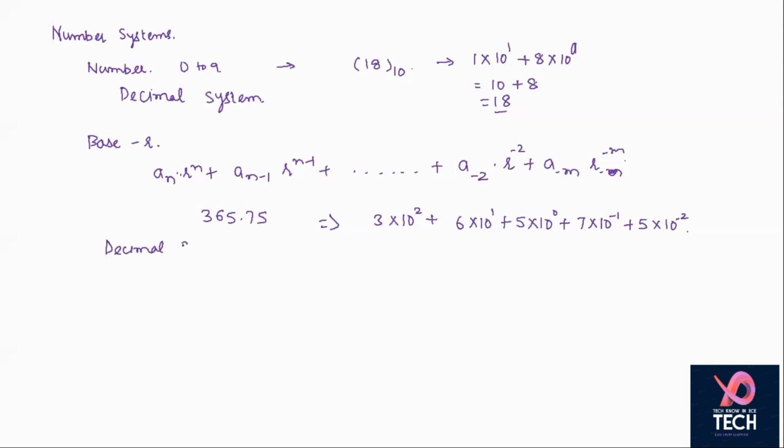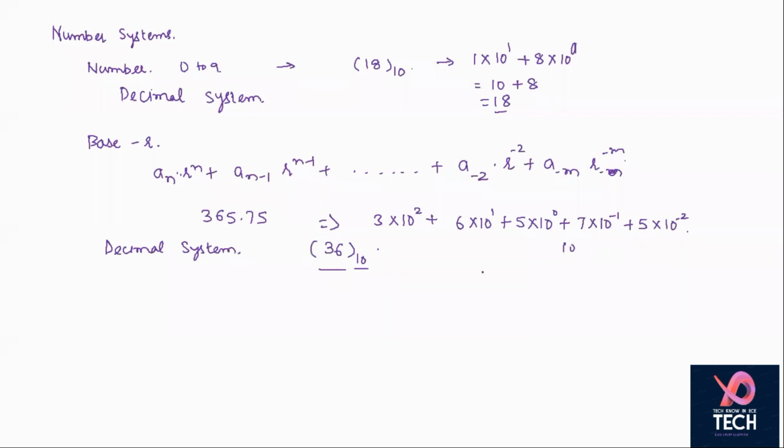As far as this subject, digital electronics, is concerned, from now onwards, whenever you write a number, suppose you write 36, you are supposed to write the base with it so that we get an idea that this is a decimal number, or your base is 10.